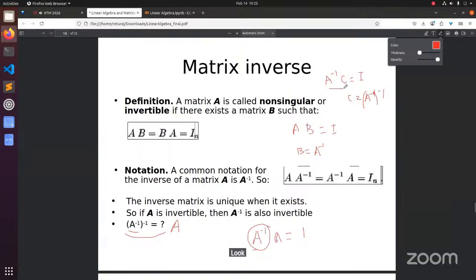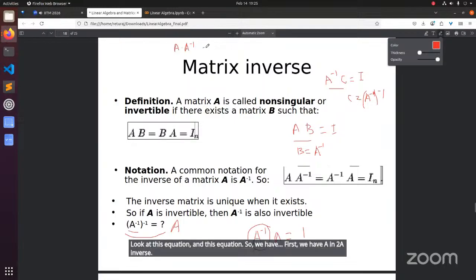Look at this equation and this equation. First we have A into A inverse is equal to identity.